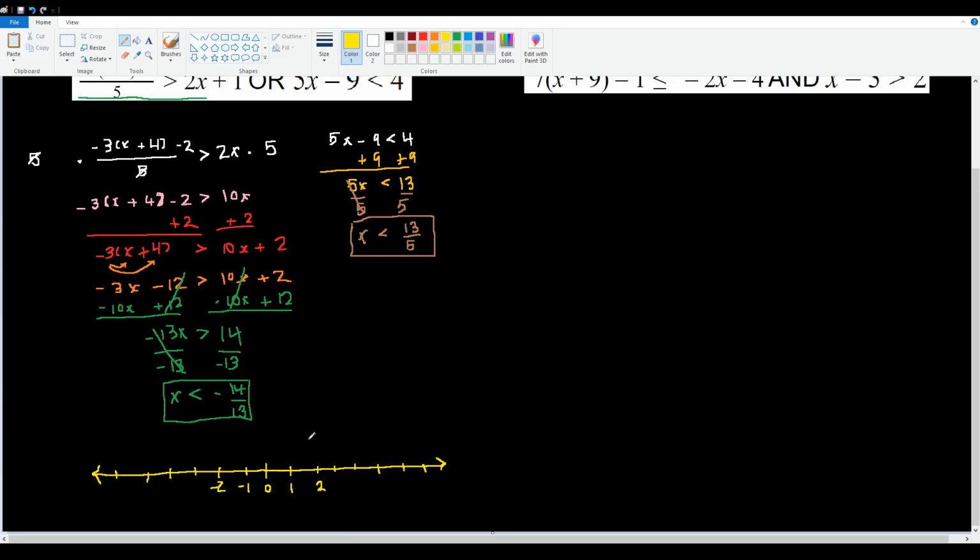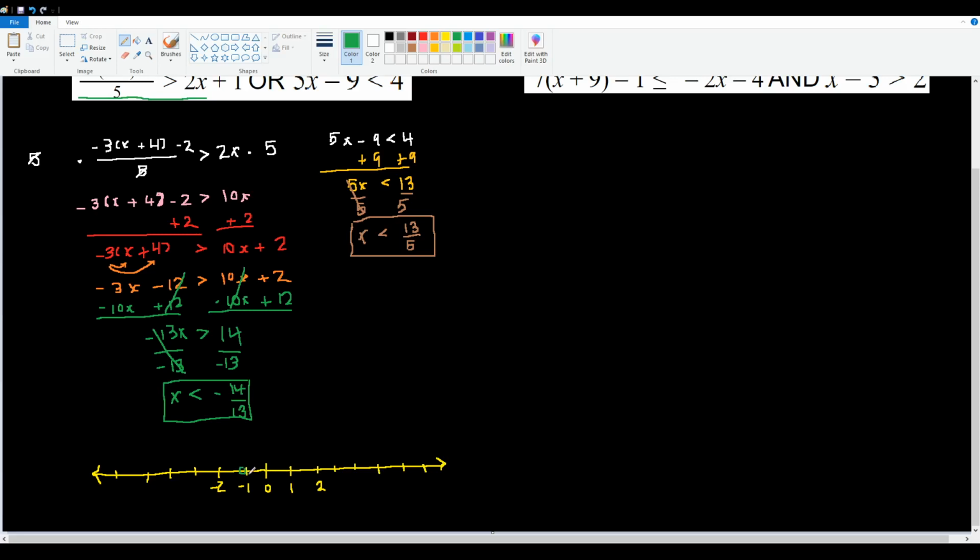Okay. Now what we do here is we graph both of our conditions on the number line individually. So we're going to start with x is less than -14/3. Because it is not including -14/3, remember that we use an open circle to plot that point, right? So -14/3 would be around here somewhere, very close to -1.